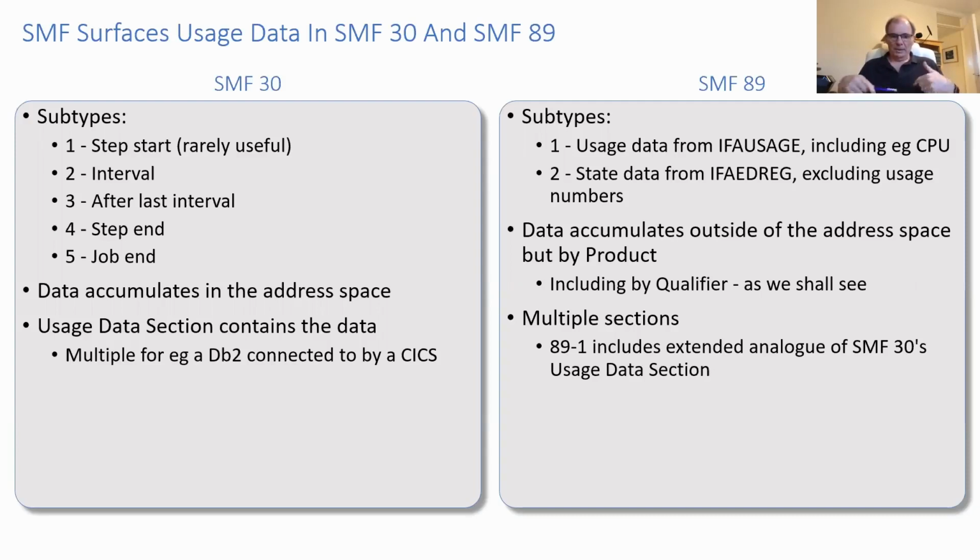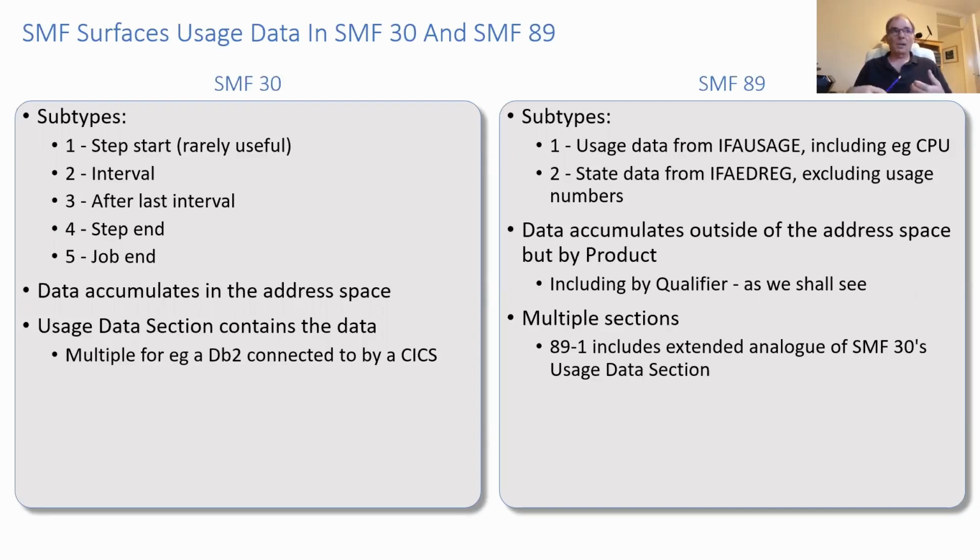And obviously, this being address space level or job step level, the data accumulates in the address space. And it's surfaced in a section I'm going to talk about in a minute called the usage data section. In previous conversations, I've talked about the usage data section, and that's the one we're going to concentrate on. You can have multiple usage data sections, even for the same product, connected to by an address space.